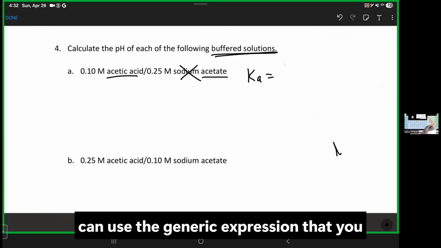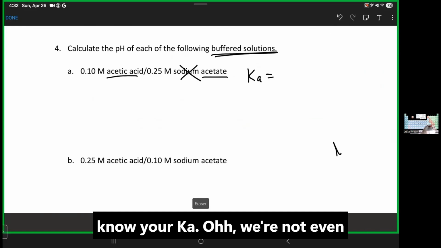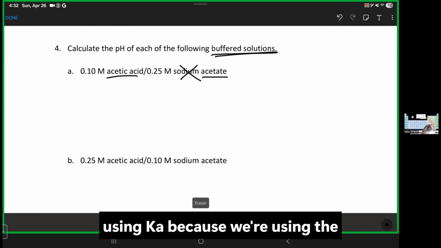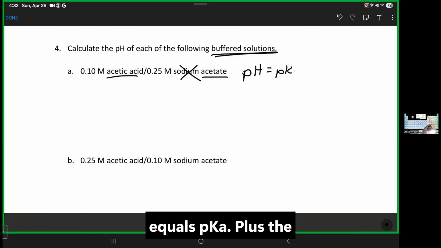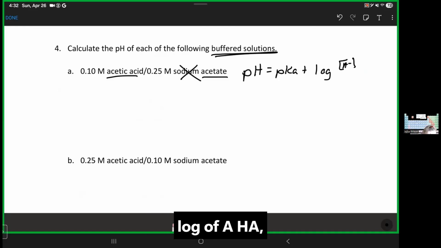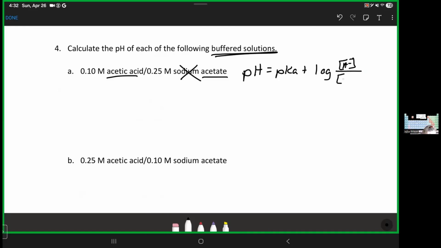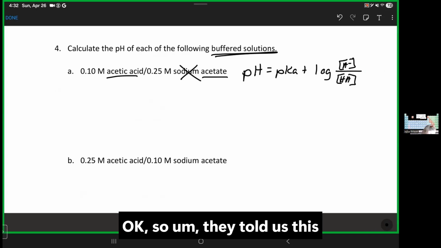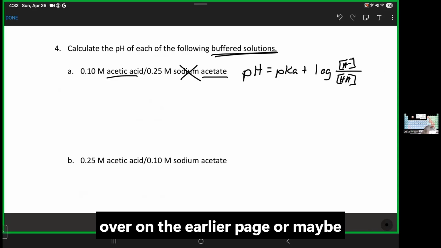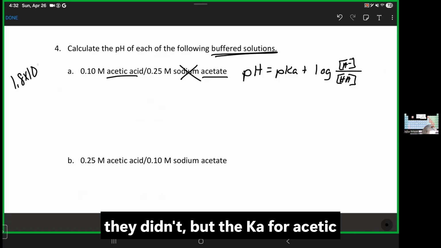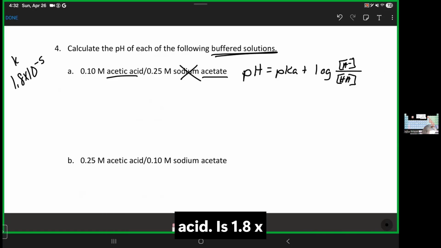We're not even using Ka because we're using the Henderson-Hasselbalch equation. pH equals pKa plus the log of A minus over HA, your anion over your acid. Okay, so they told us this over on the earlier page, or maybe they didn't, but the Ka for acetic acid is 1.8 times 10 to the negative 5.